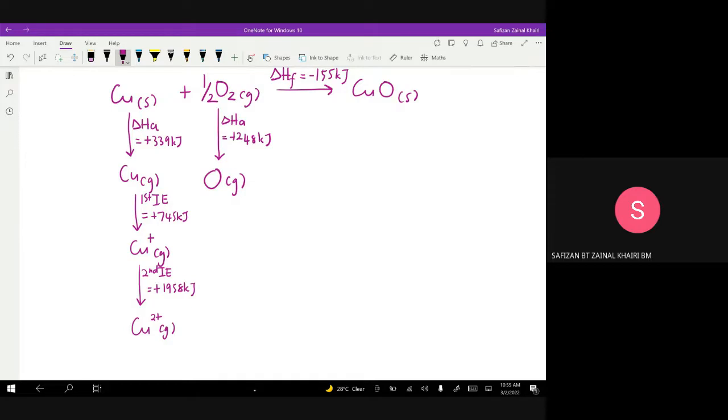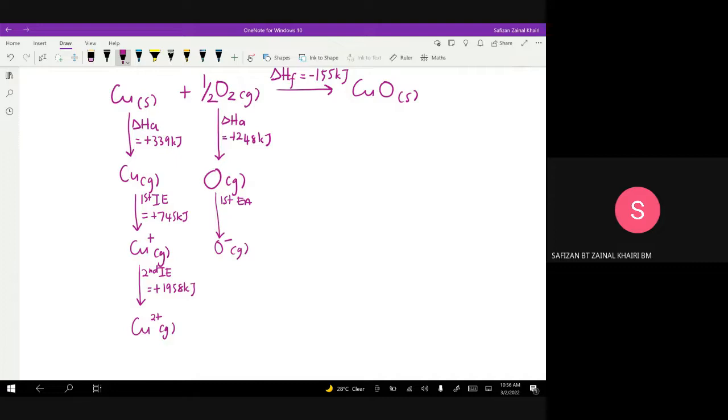Okay, next for oxygen. Kita tukarkan oxygen atom kepada oxygen ion. So it become oxygen -1, gases. Okay, so this is the first electron affinity.